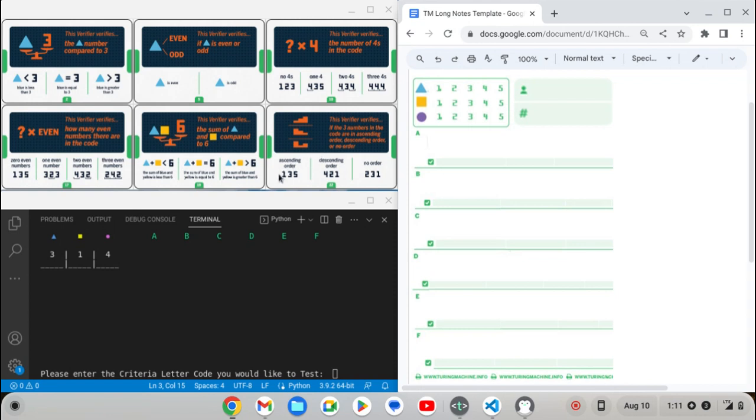So should the digits be in an ascending order, meaning that they're increasing, as in the example 135, or should they be in a descending order, or decreasing, as in the example 421, or could it be that they have no order? Let's take a look at the example 231. Notice that it goes from 2 to 3, so it increases, but then it goes from 3 to 1 and then decreases.